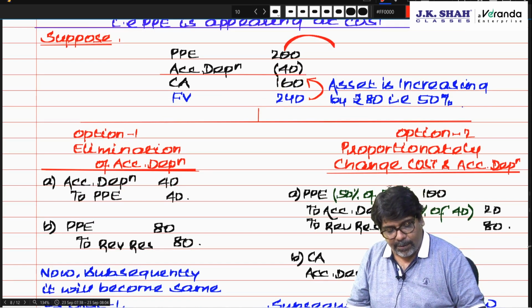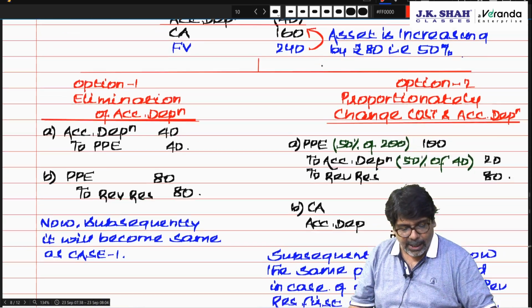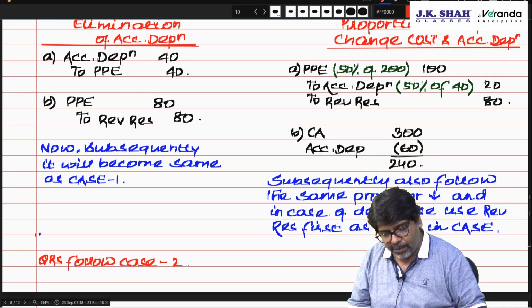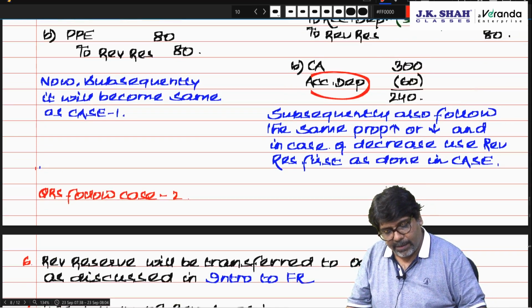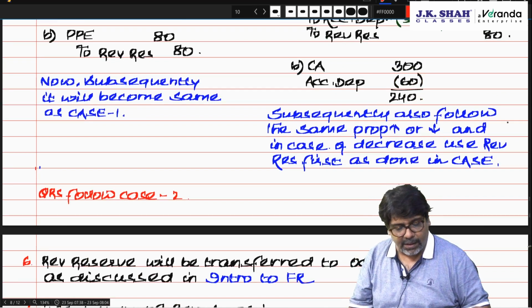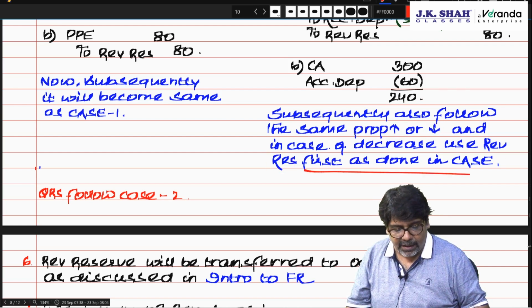So 50% of 200, increase it by 100. 50% of 40, increase it by 20. So PPE is increasing by 100, accumulated depreciation by 20, revaluation reserve 80. It would look like this: carrying amount 300, accumulated depreciation 60, now 240. Subsequently also follow the same proportionate increase or decrease, and in case of decrease use revaluation reserve first as done in case 1.